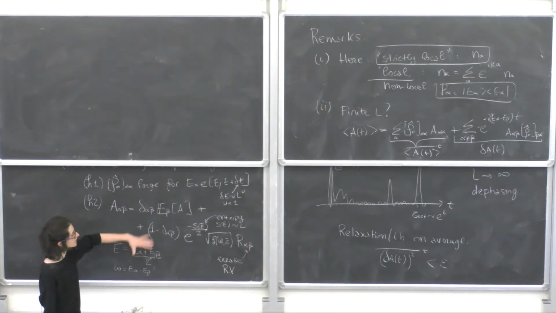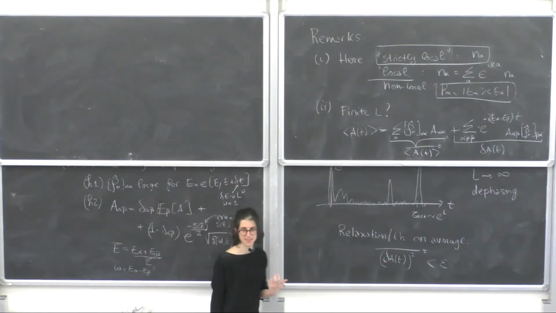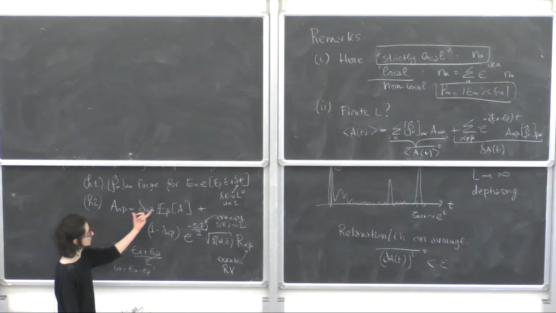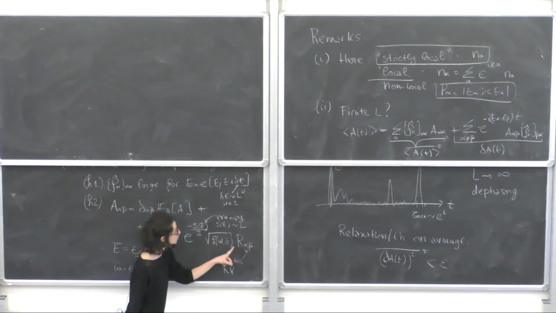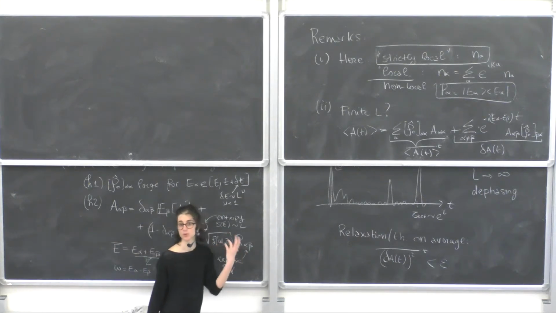And since originally this was somehow motivated by quantization of classical systems which are chaotic, so this is related also to Berry's conjecture, the idea was to assume that this fluctuating number here has a distribution which is Gaussian.